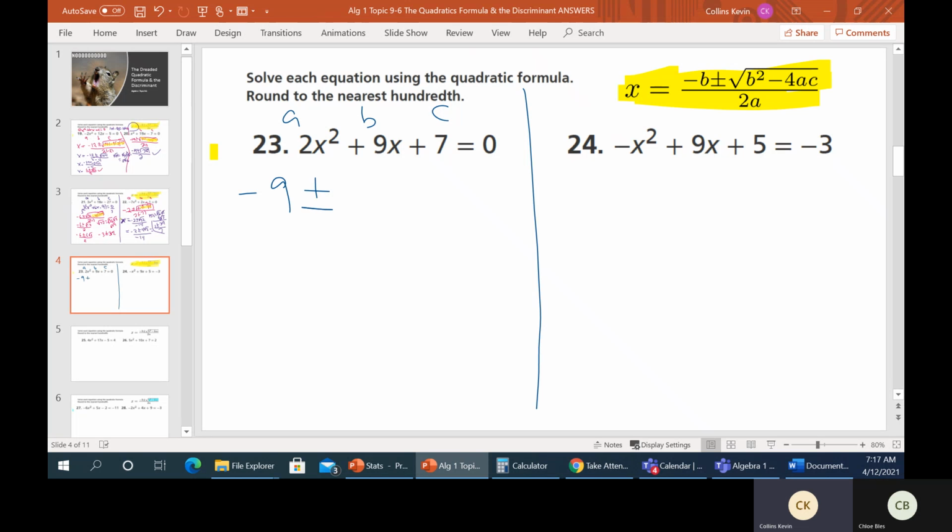We do plus or minus the long square root. So then we say B squared, that's 9 times 9, so that's 81. And then minus 4 times A, which is 2, and then times C, which is 7. And all that stuff is going to be over 2A, so that's just 2 times 2.